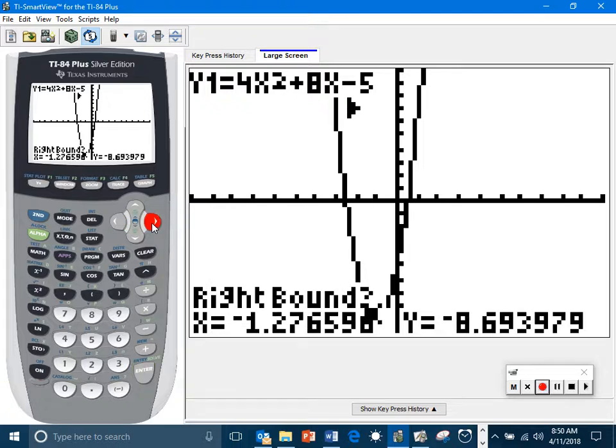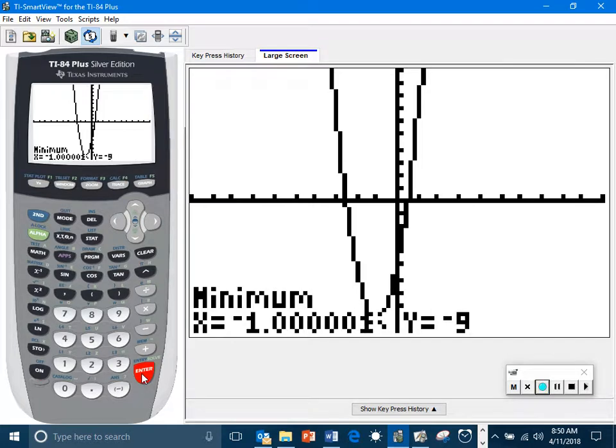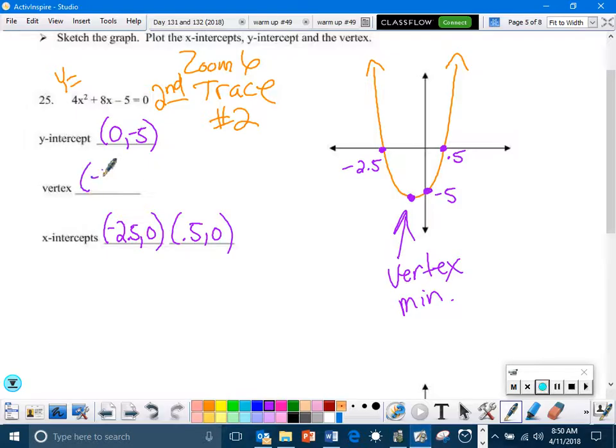Right side. Enter twice. Okay, so -1, -9. All right, let's go to the next one.